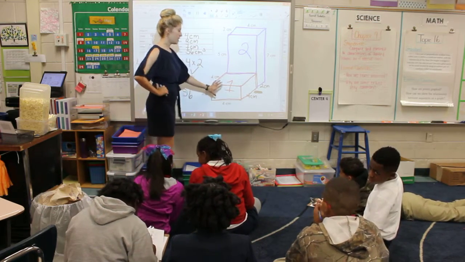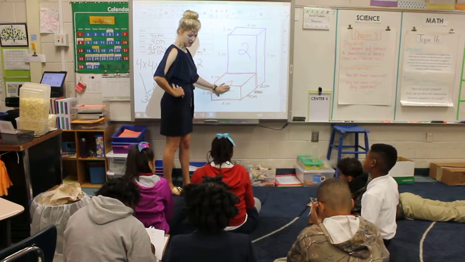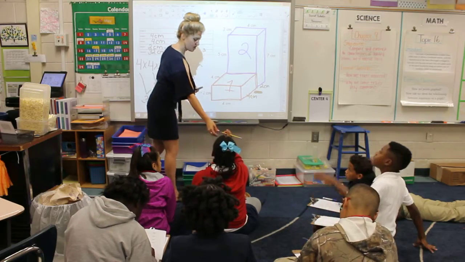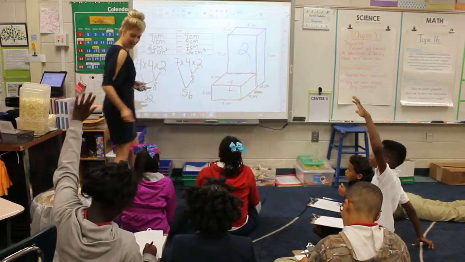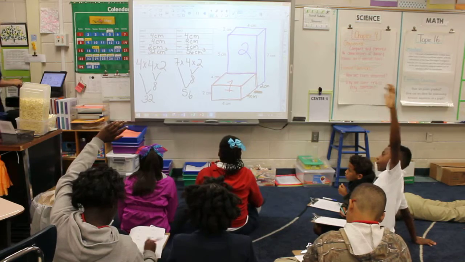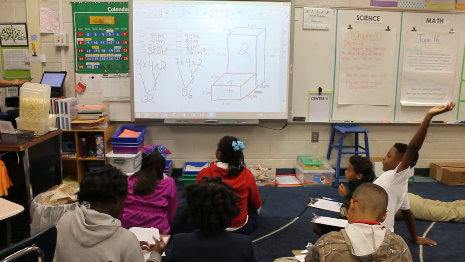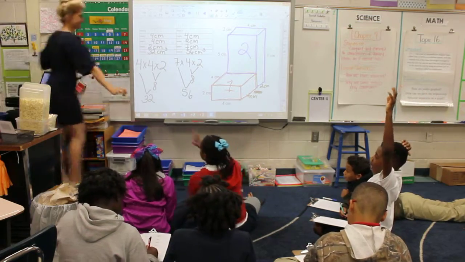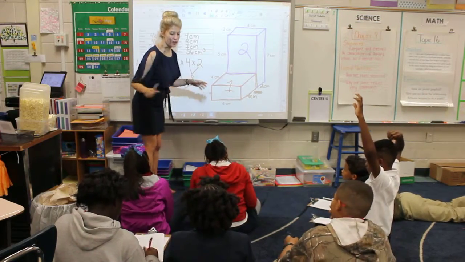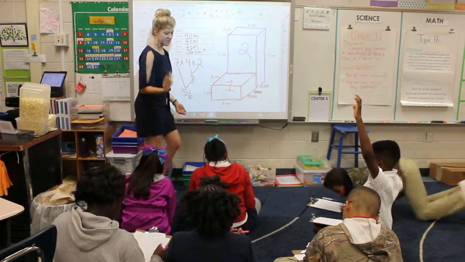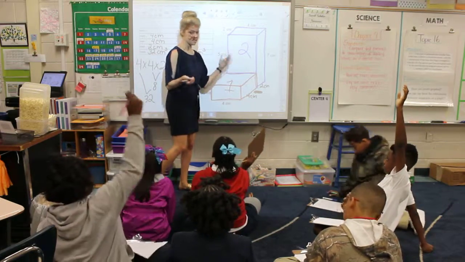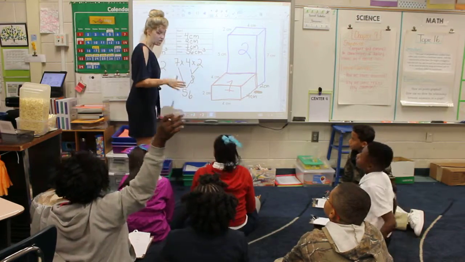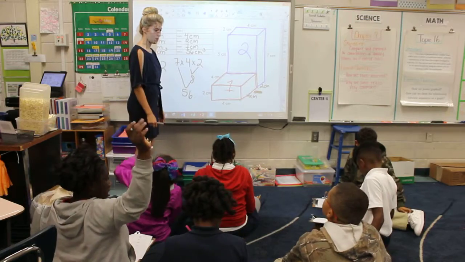He said we found the volume of this shape and this shape, and he thinks we should just add this and this. Does that sound like a smart thing to do? Kind of, maybe, right?